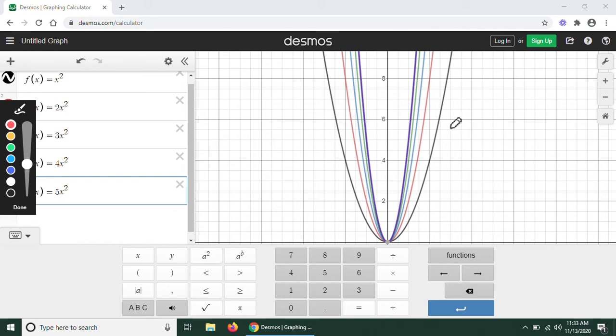I'm going to tell you why we say vertical, and why I say it is a stretch. Let's talk about the adjective vertical. The reason we use the adjective vertical is, as I said in previous videos, once you apply something to the outside of the function, it is going to lead to a vertical change.